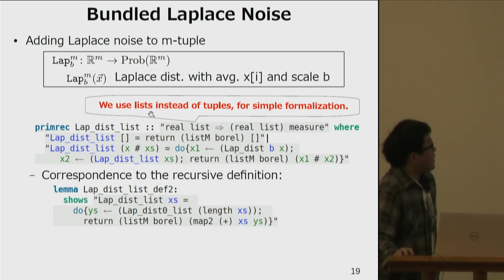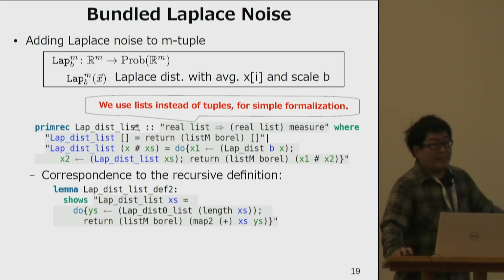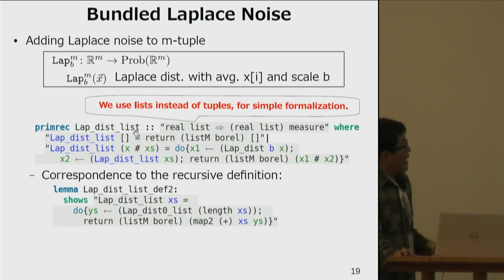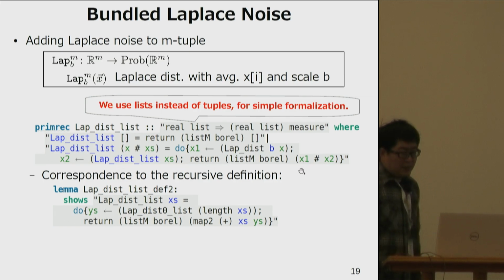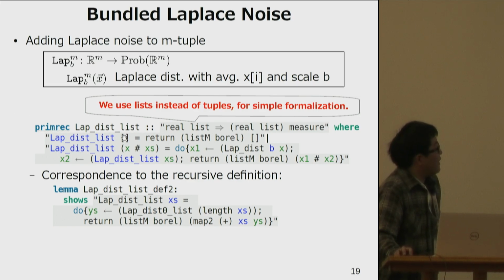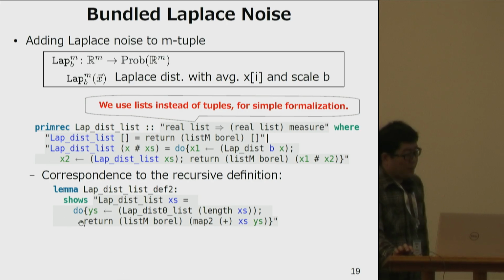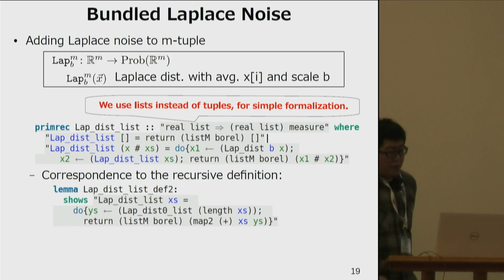Here, the construction takes a list of real numbers, adds noise to each entry in the list, and then returns the noisy list. We define this construction recursively, and then we show the correspondence to the desired definition.